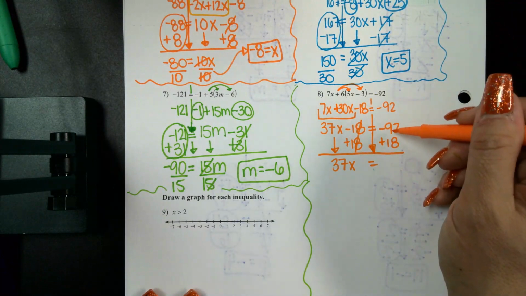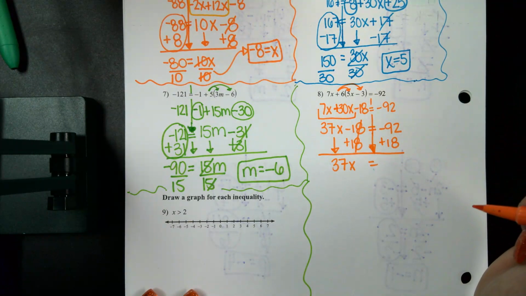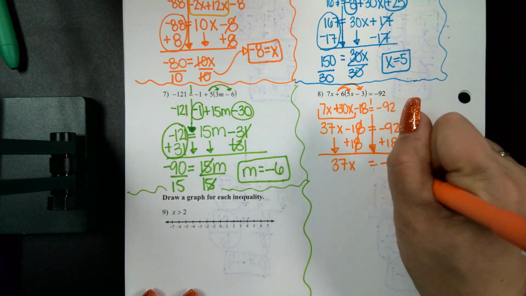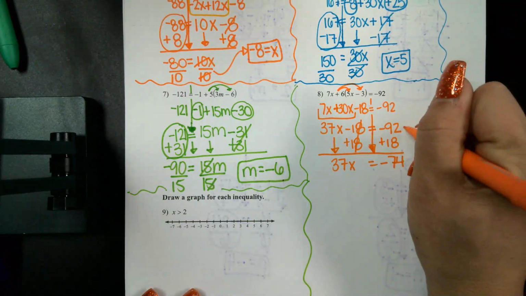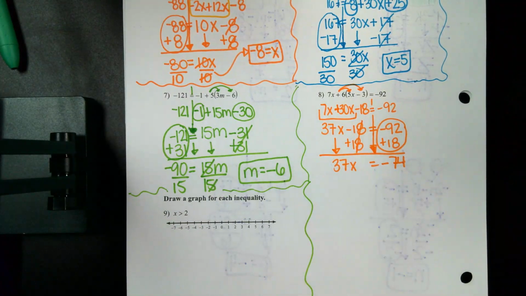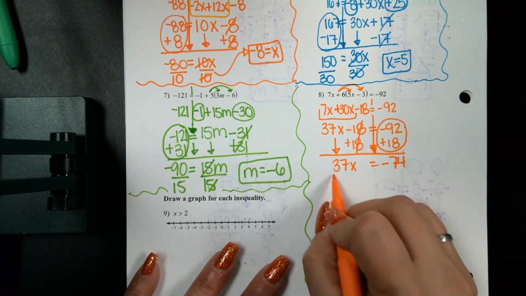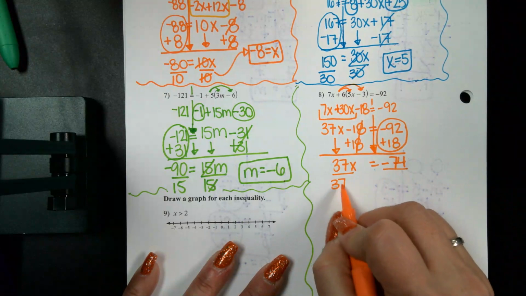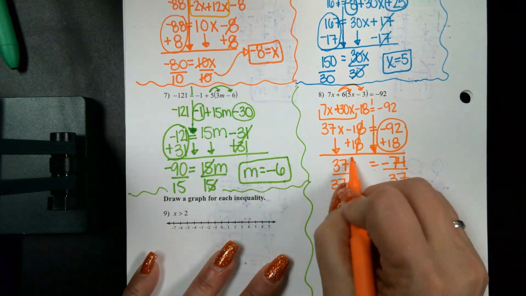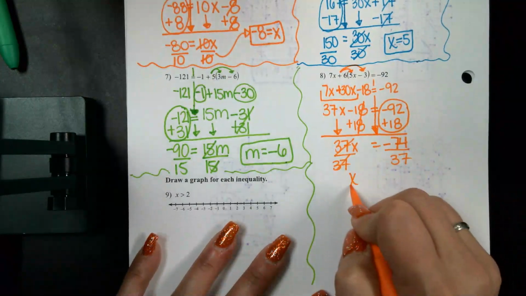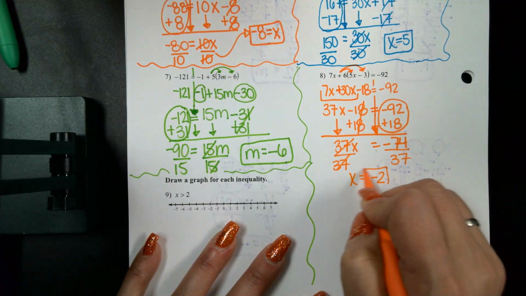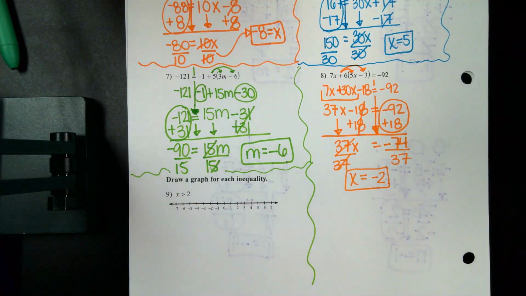This is negative 92 plus 18. Negative 74. And then divide by 37. X equals negative 2.